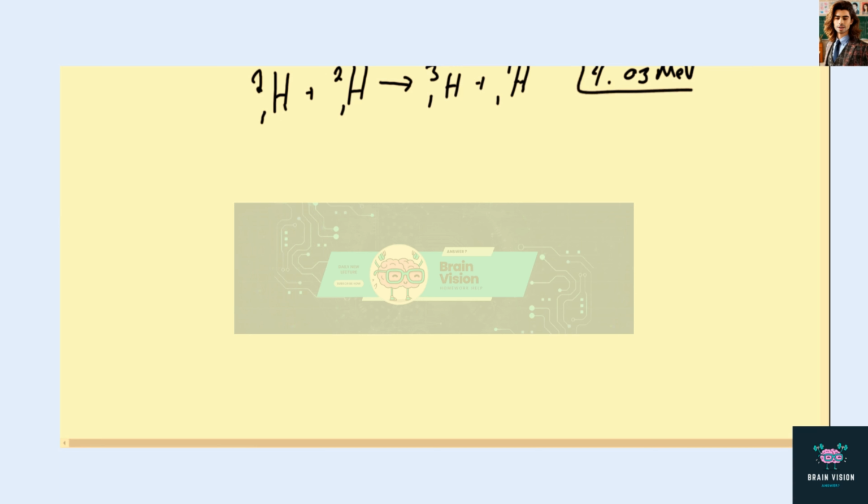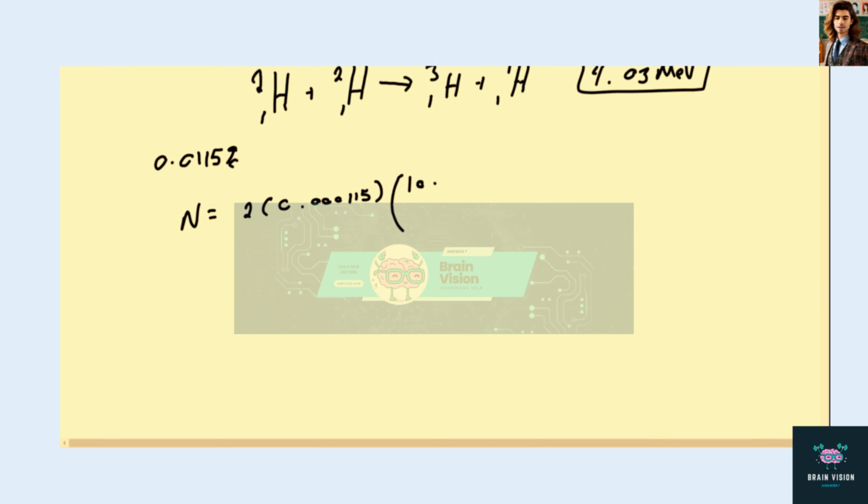MeV. There we go. And for this, we need to find the natural abundance of deuterium, and they gave us 0.0115%. So we need to know how much is in there. So we have 2 times 0.000115 times mass.